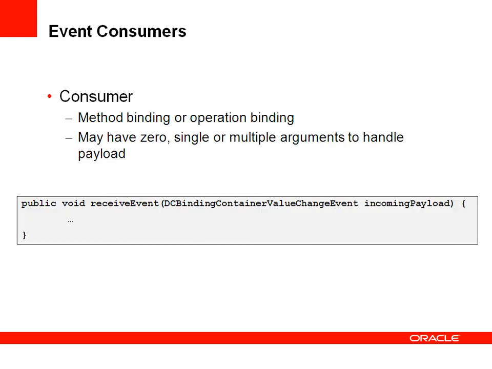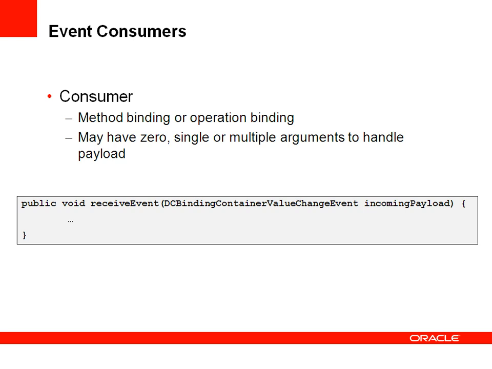The event consumer is a Java method that you expose to the binding layer. Exposing it to the binding layer means that it needs to be exposed through a data control. And the data control could be one of the existing data controls, like an ADF Business Components data control, where you specify a public method on a view object or an application module and expose that.